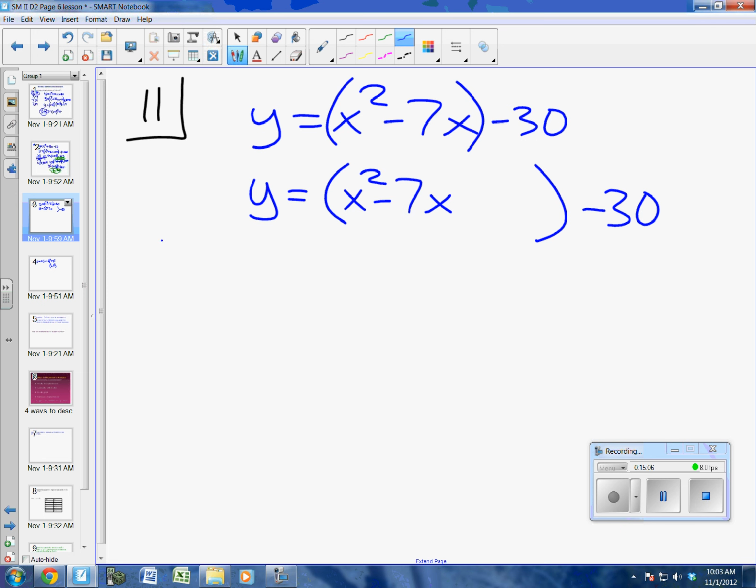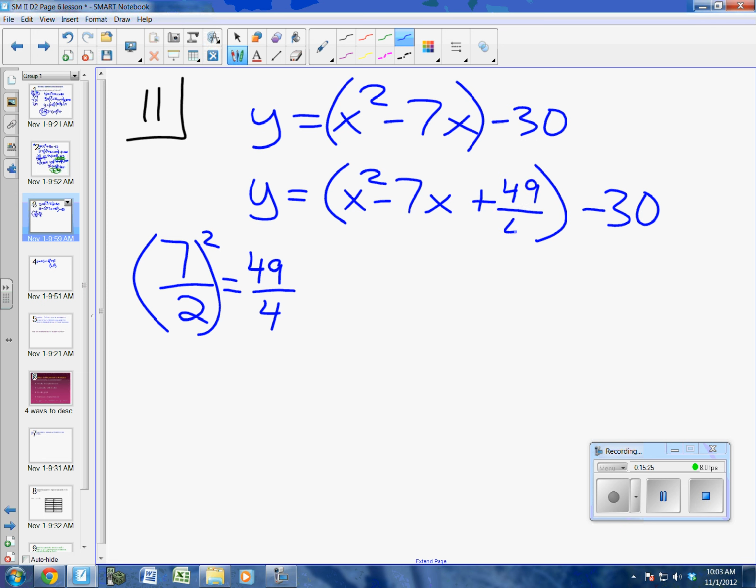I'm going to take half of 7, and it doesn't really matter the sign because you're going to square it and get a positive number anyway. So 7 divided by 2 is my fraction. And then I'm going to square that number, which is going to be 49/4. So I'm going to add 49/4 inside the parentheses, and that completes my perfect square trinomial.